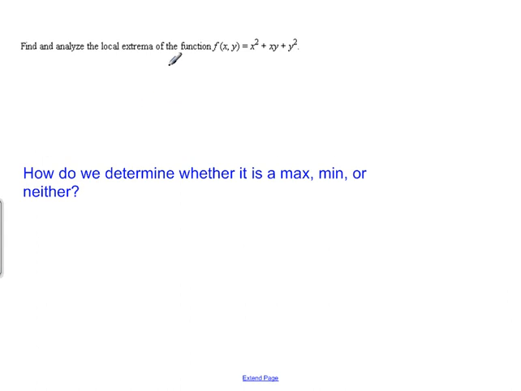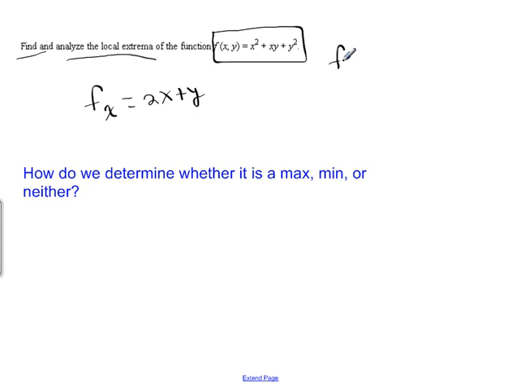Okay, so let's say we have this function, and we want to find and analyze the local extrema of the function. Well, first of all, I know that my critical point is going to occur where my partial derivatives equal 0.